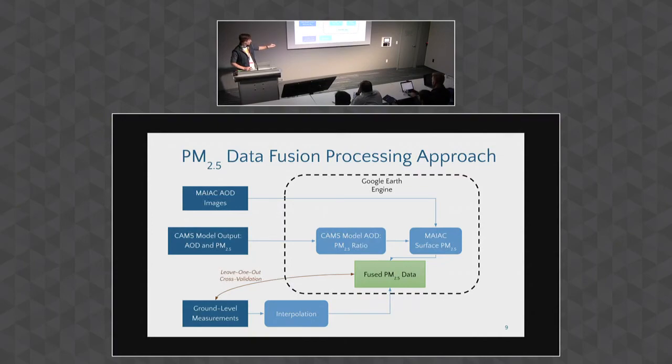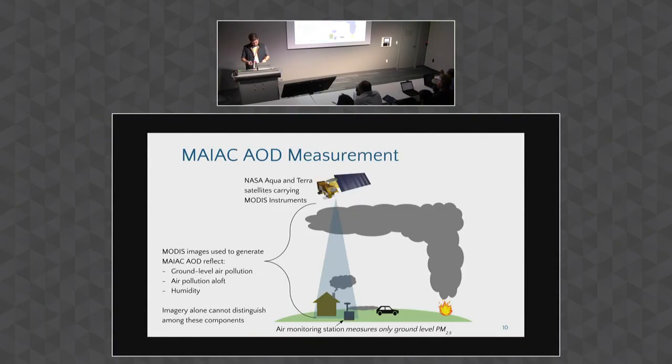And then we combine that using interpolated surface level data to get a fused PM 2.5 data product. And so I'll talk a little bit at the end about the fused product, but primarily what I'm going to be showing here in a moment are the MAIAC surface PM 2.5, mostly without the surface measurements.